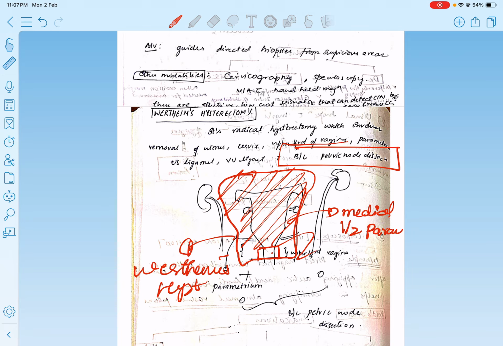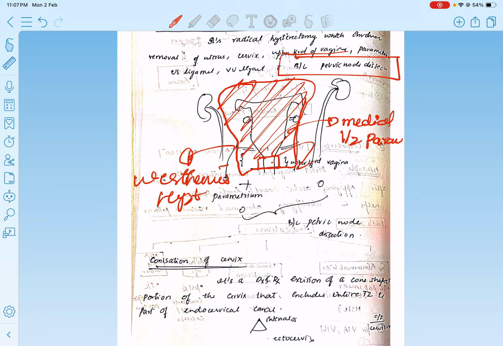There's nothing for me to explain here, I hope you know the types of hysterectomy. You have one, two and three, where in one you just remove the uterus, but in two you also remove the upper one third of vagina. And three is much more radical.